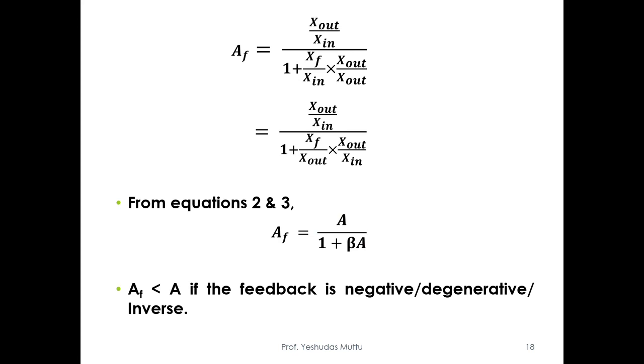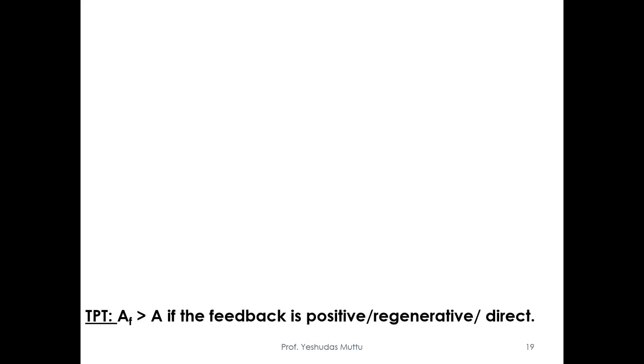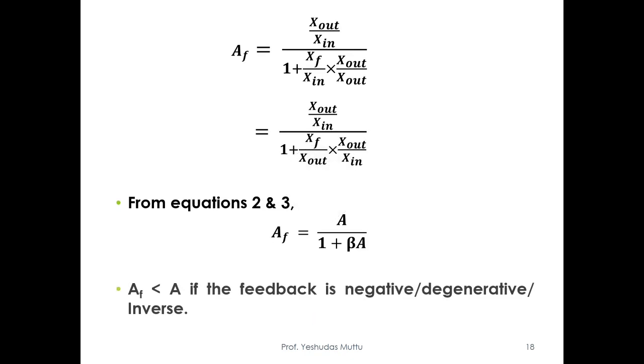One more thing, which I should have told you all in the previous video itself: negative feedback is also known as degenerative or inverse feedback. These are other terms, so don't get confused.